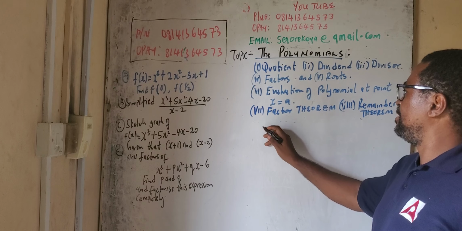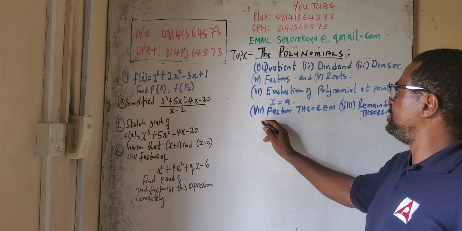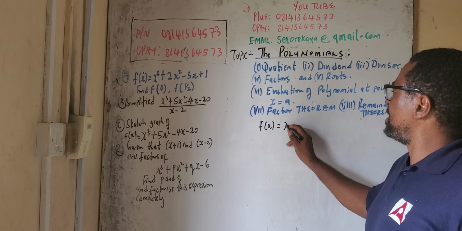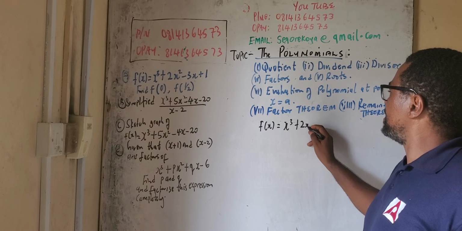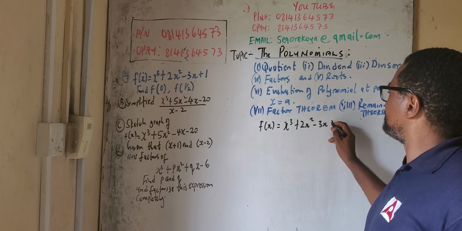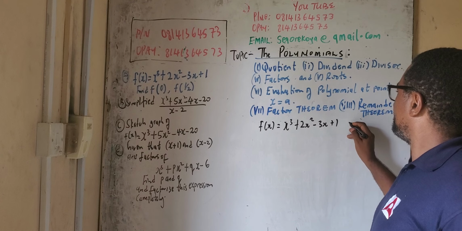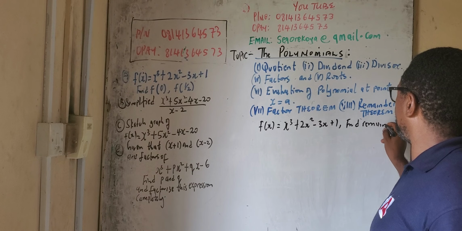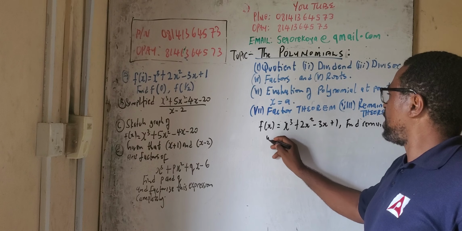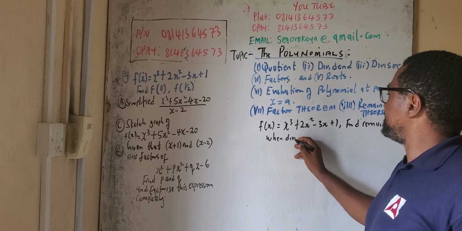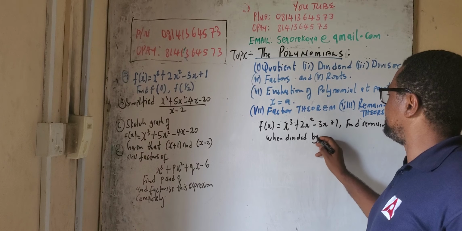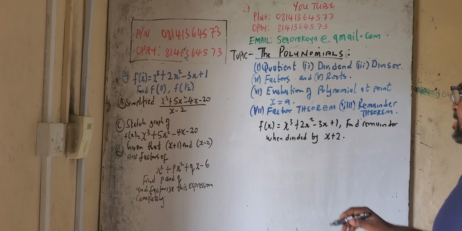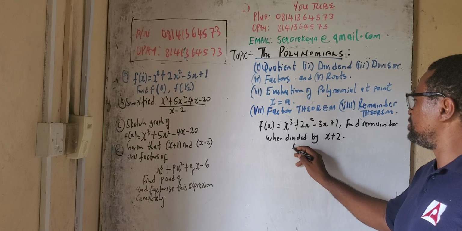The question says, given this polynomial f of x is equal to x cubed plus 2x squared minus 3x plus 1, find the remainder when divided by x plus 2.